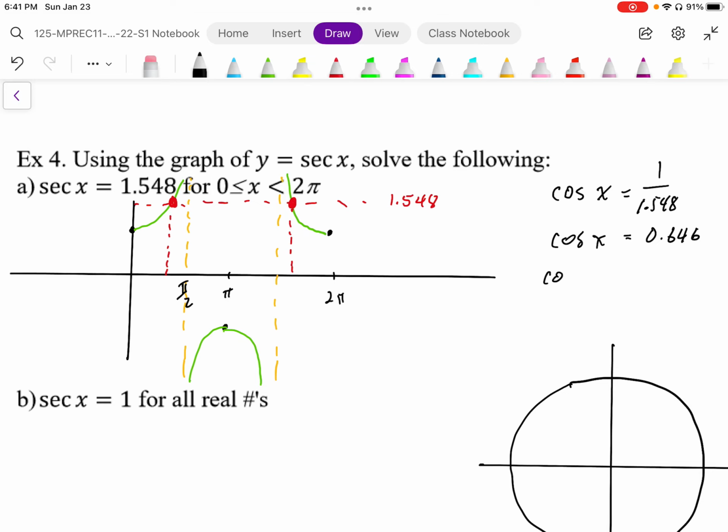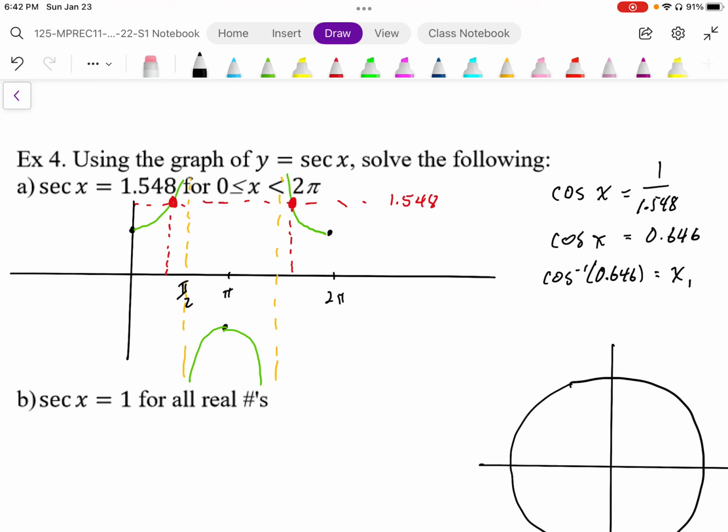And I can use the inverse cos of that. And if I go on to Desmos, I can get the same answer, but the inverse cosine, when I work this out, gives me a value of 0.87.